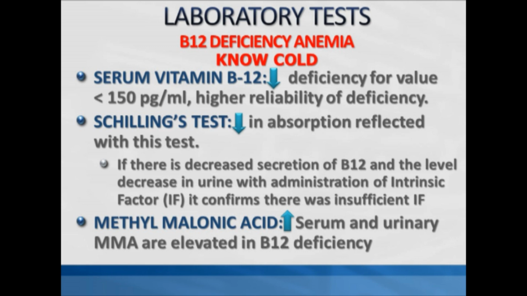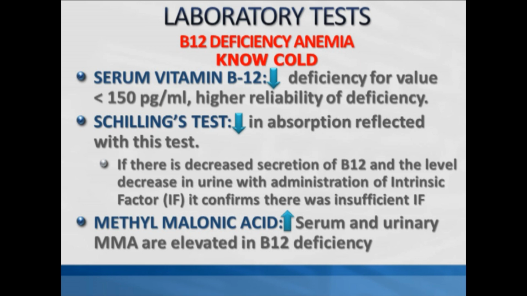Now, the Schilling's test is really a test of absorption. It's not a test to confirm B12 deficiency. Schilling's test is usually done after a B12 deficiency has been confirmed, either through methylmalonic acid or a very low serum vitamin B12, or also using homocysteine, as we saw earlier.